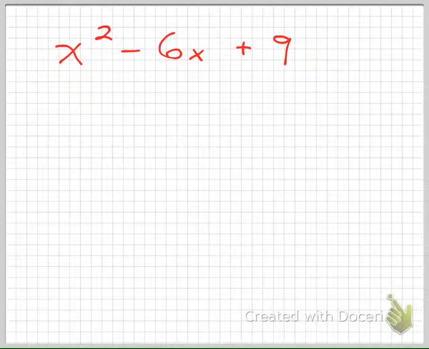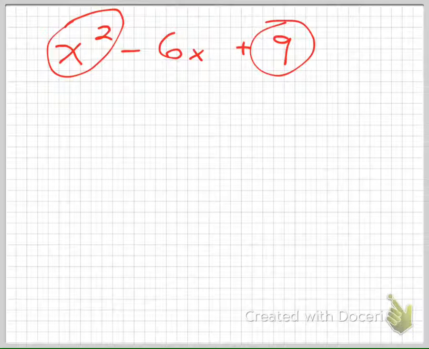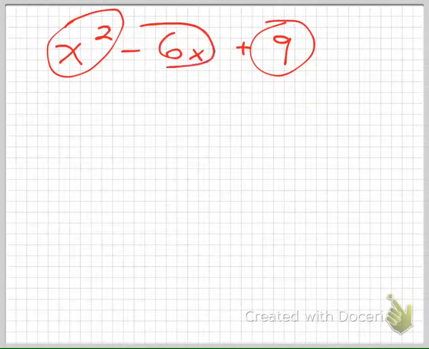So you're watching. First thing you look for, can I pull something out? No. Next thing you look for is if this is a special kind of trinomial. Is that a perfect square? Is that a perfect square? Oh, it is, right? 9's a perfect square. So then I need to see if this middle term is exactly 2 times.